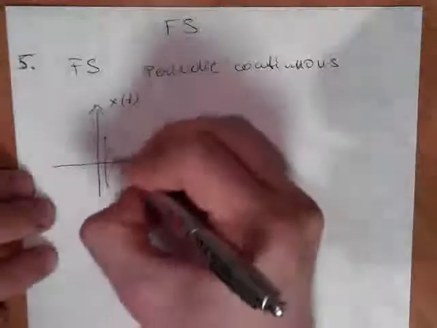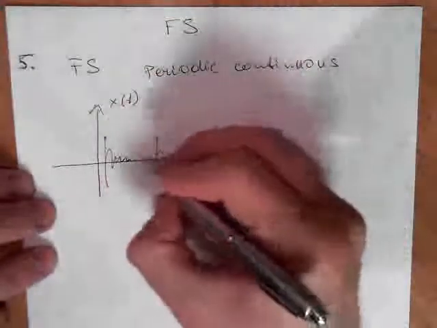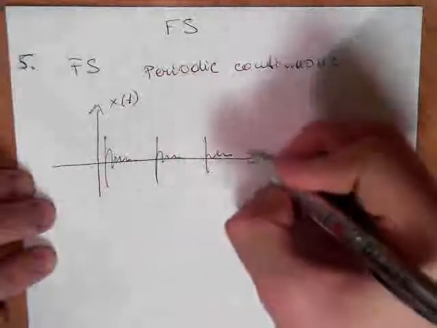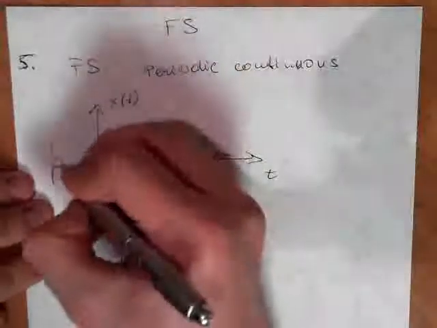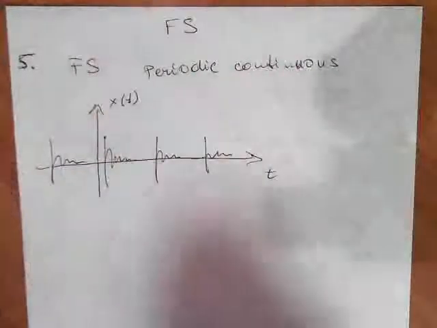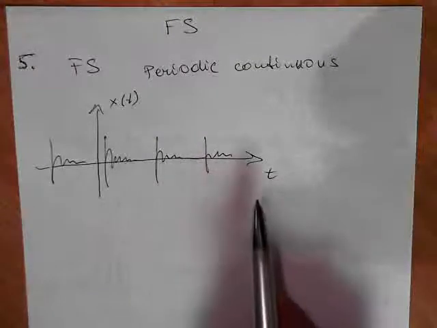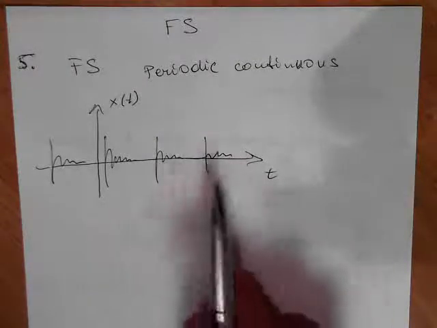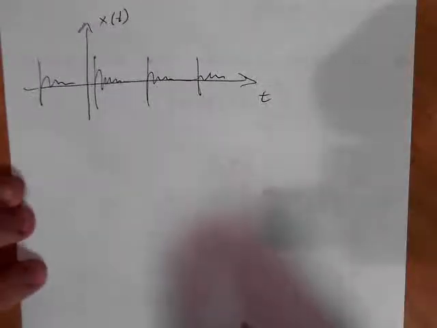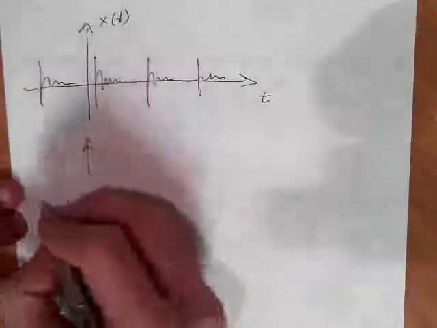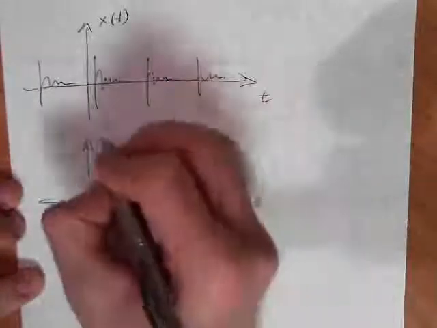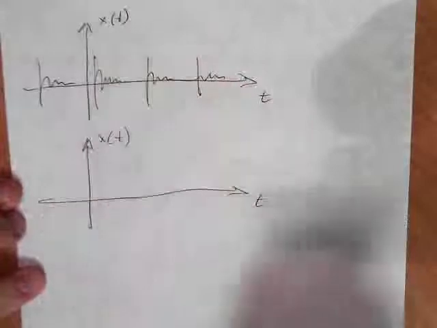And we have some kind of pulses here. So this signal is repeating at some kind of period, and you see that this signal is expanded using Fourier series.